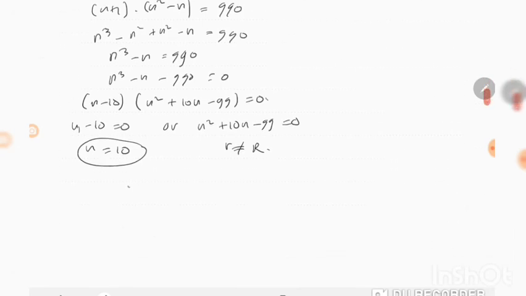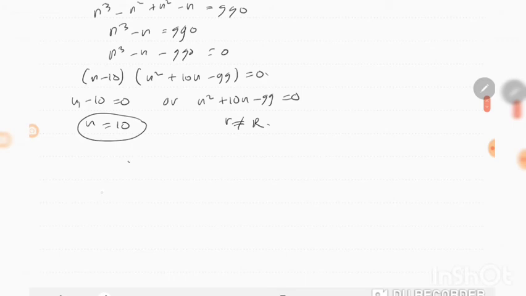How about number 6? Number 6 is n factorial minus n minus 1 factorial equals 16 times n minus 2 factorial.